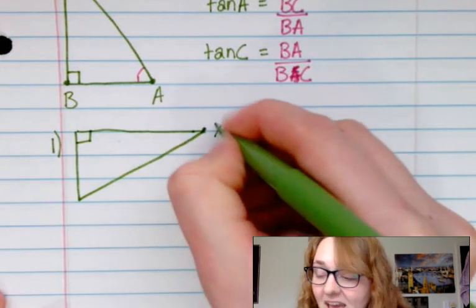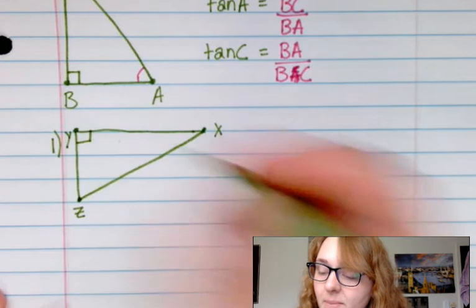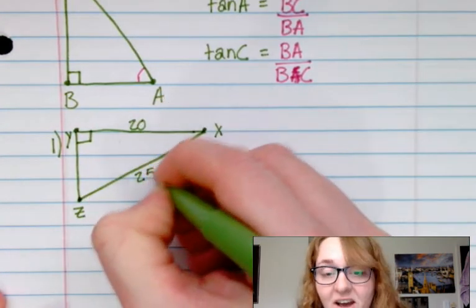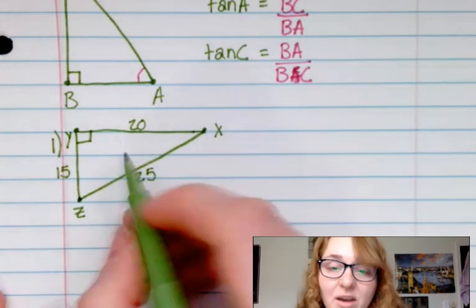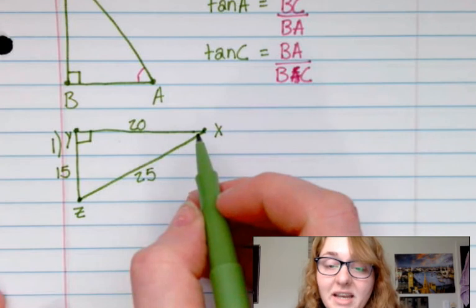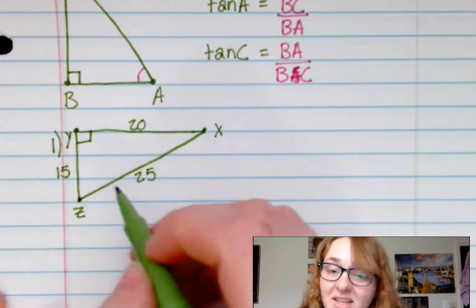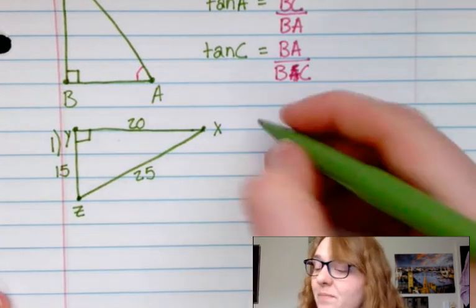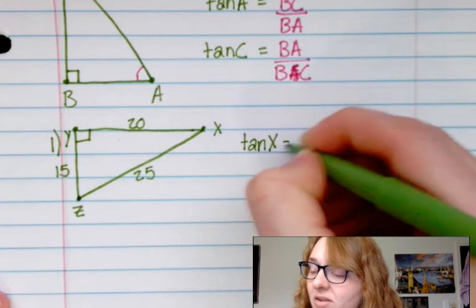We have points X, Z, and Y. We have the side lengths of 20, 25, and 15. Again, we can only use the tangent of X and the tangent of Z. We can't use the tangent of Y because its opposite side is the hypotenuse, and we're not dealing with the hypotenuse today. So the tangent of X.